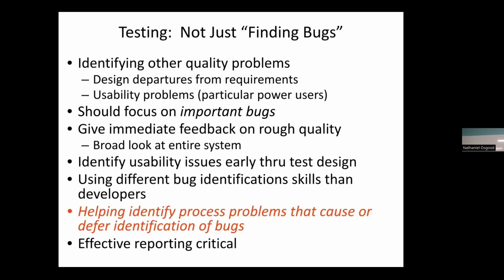It's not pointing fingers. It's trying to ask, how can we do better in the future? How can we do better finding things, identifying things? How can we do better preventing things?